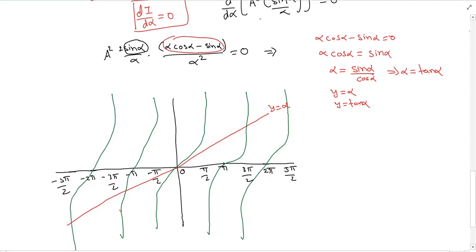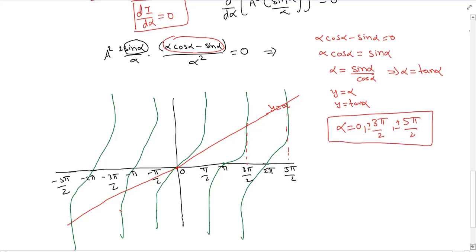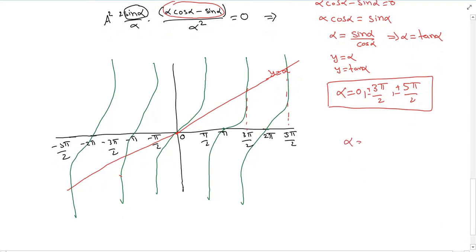So now what are the intercepting points of y equal to alpha and y equal to tan alpha? The intercepting points are at alpha equal to 0, one intercepting point, then alpha equal to plus or minus 3 pi by 2 is the second, plus or minus 5 pi by 2, and so on. But alpha equal to 0 is already our central maxima condition.